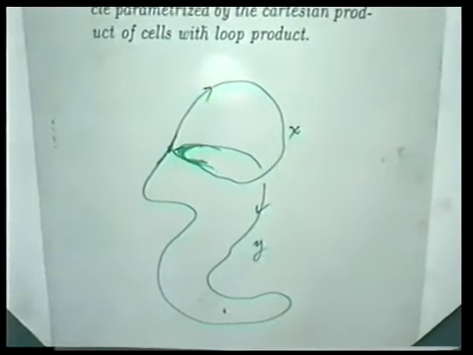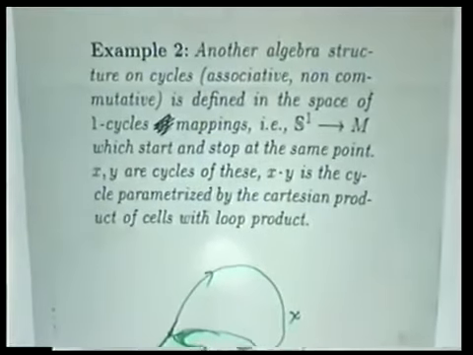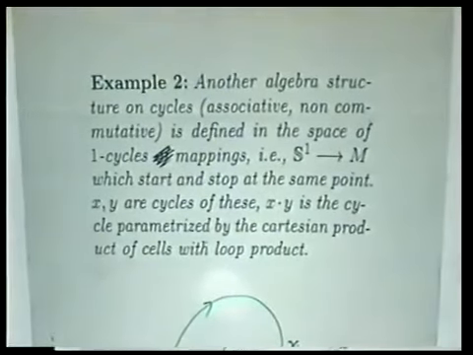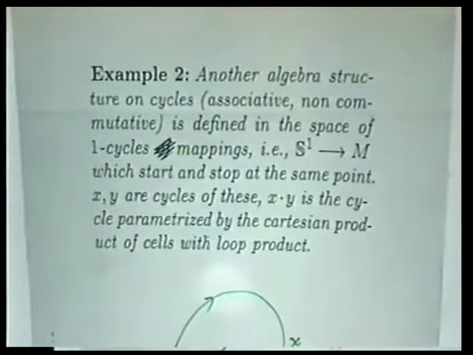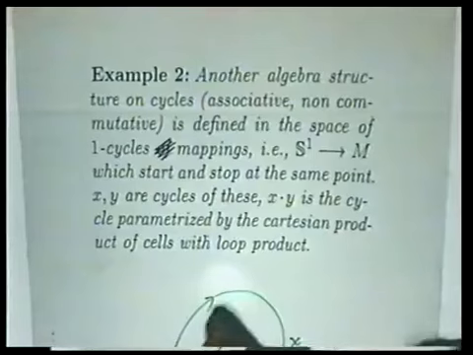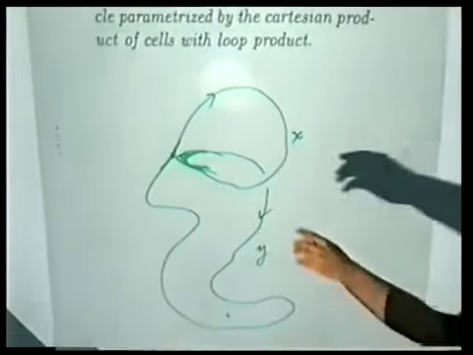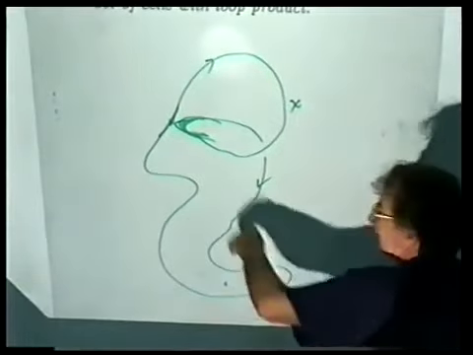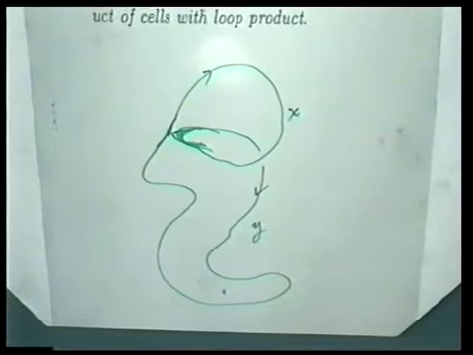Remember, you have cells in this function space, and then groups of cells that make cycles in the function space. Now you can call one of these cycles X. I've just drawn a typical element of the cycle X in the function space of maps that start and stop at a given point. Y is a typical element in the cycle Y of maps that start and stop at the same point.